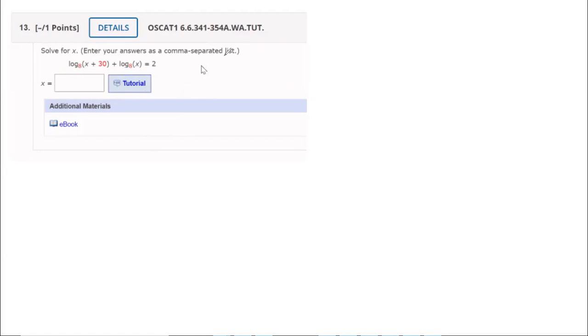So let's do that. I'm going to make another example here: log base 7 of (2x plus 3), plus log base 7 of 3, equals 5. Count again the number of logs on each side of the equal sign: 1, 2, nothing.